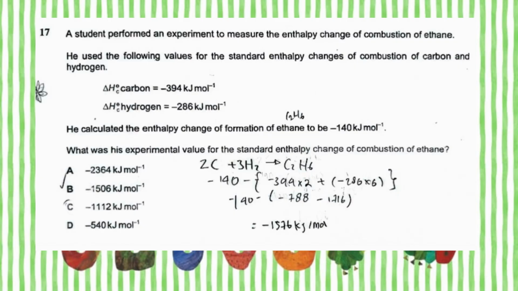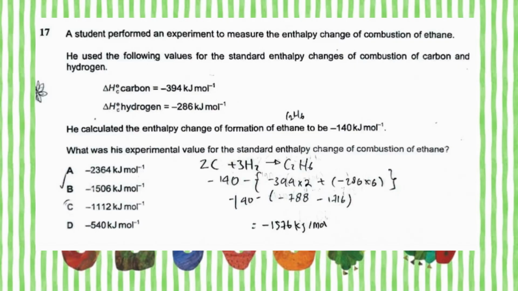And then we calculate the enthalpy change of formation of ethane to be 140. It means we have a lot of information right here. So we will make the reaction first: 2 carbon plus 3 hydrogen is equal to ethane. So we input the information and we got the answer is B.